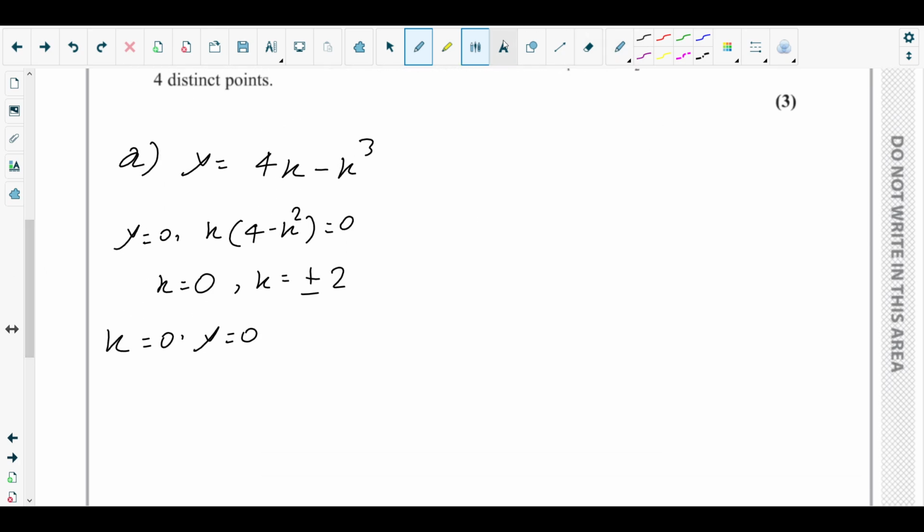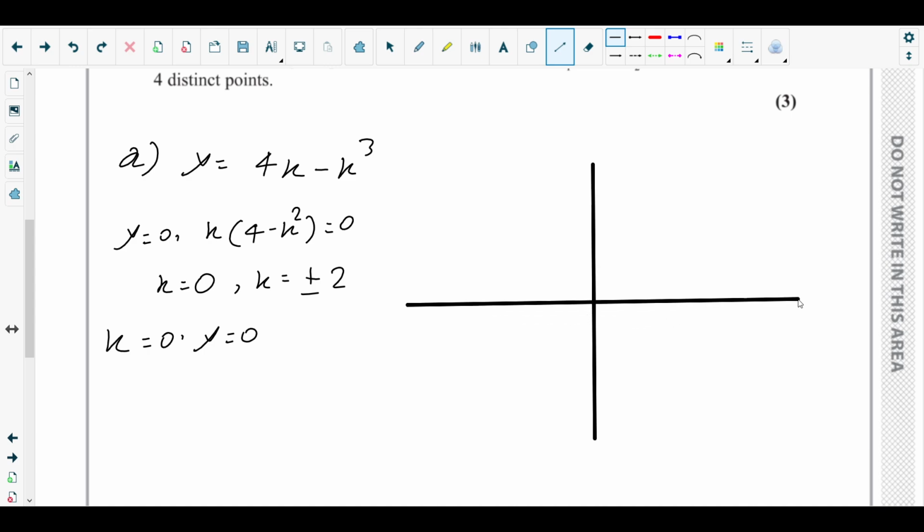So let's go for the sketch. For sketching the curve C1, the first factor is that it will be a decreasing curve.